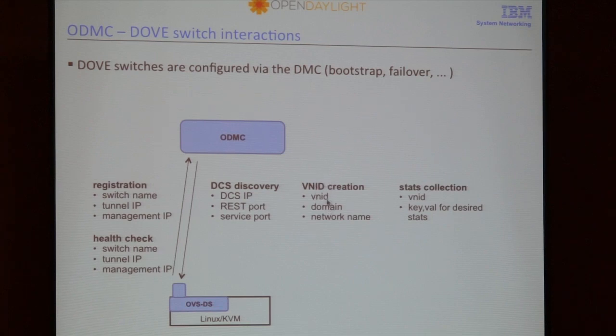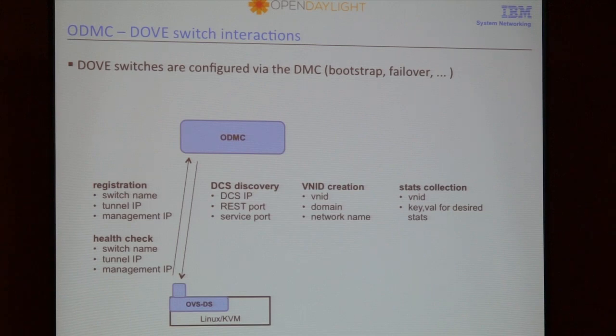Then there's all the virtual network creation. Virtual network creation requests come into the DMC, and those get pushed out to both the DCS and also get updated in the vSwitches in some cases. It's a little bit platform dependent, but for OBS this will happen. And there's also statistics. I think you were asking about statistics earlier. We have a framework for collecting statistics from the vSwitch.